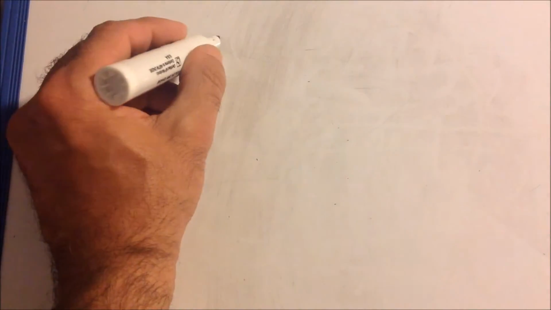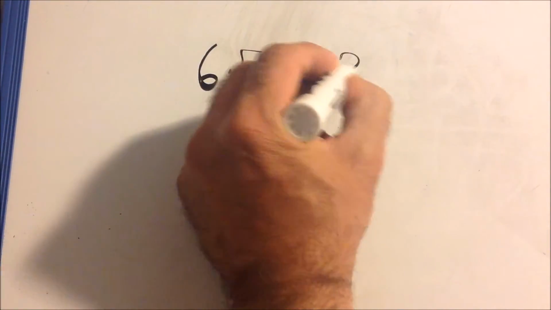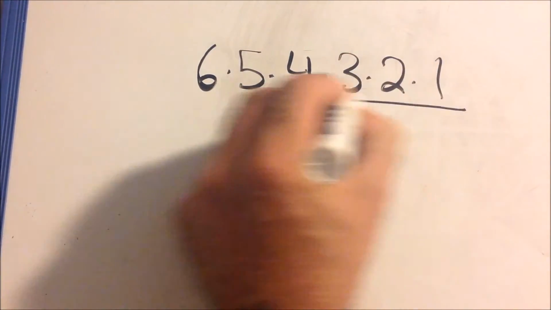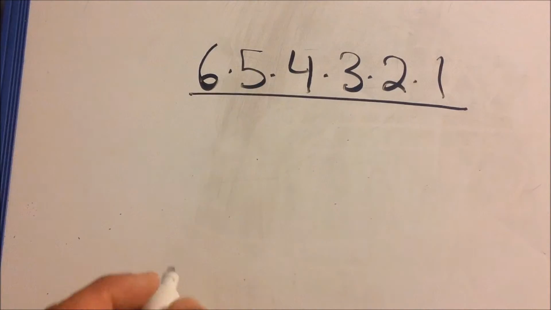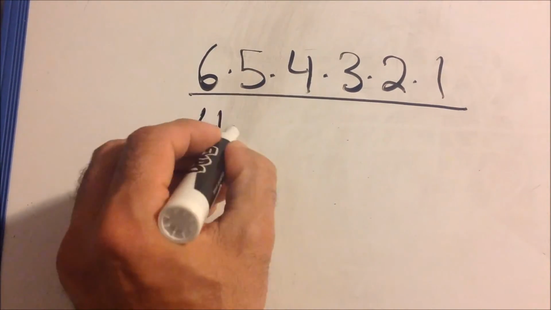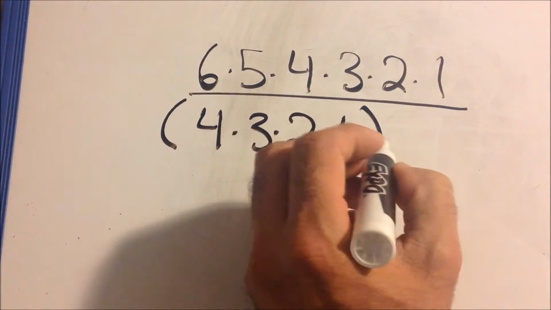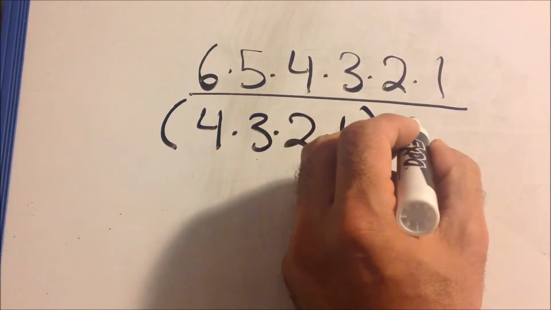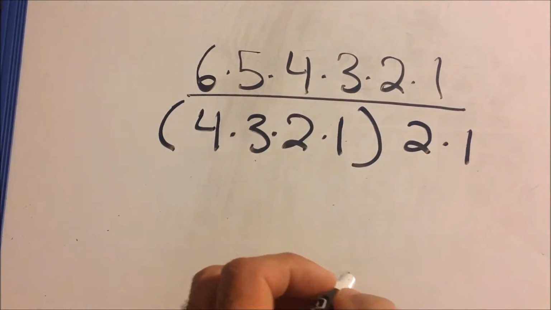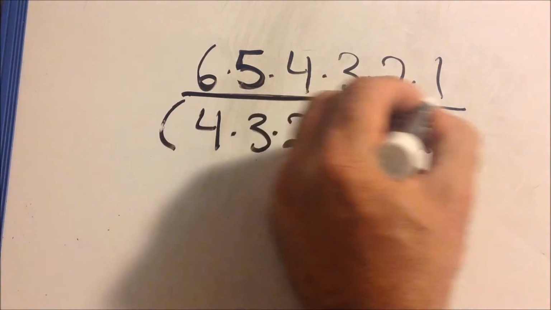Okay, so let's write it over here. We have 6 factorial, 6 times 5 times 4 times 3 times 2 times 1. Right? And we had 6 minus 2, so that's 4 factorial, so that's 4 times 3 times 2 times 1. And then we had 2 factorial, which is 2 times 1. So we can cancel out the top numbers and the bottom numbers.